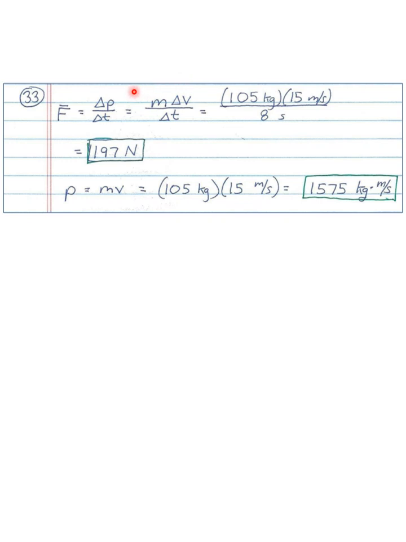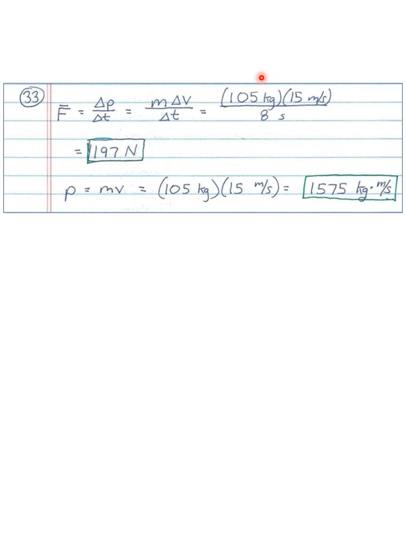Now, there's an intermediate step. We could call it delta mv. But when you have something that's changing, anything that's constant, in this case mass, can go out to the side of the delta. So it becomes m delta v over delta t. And so we have the mass of 105 kilograms times the change in velocity.